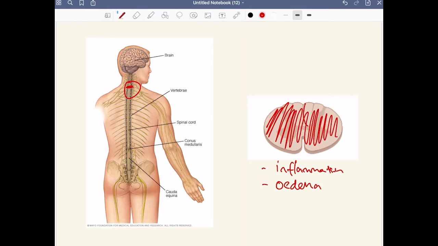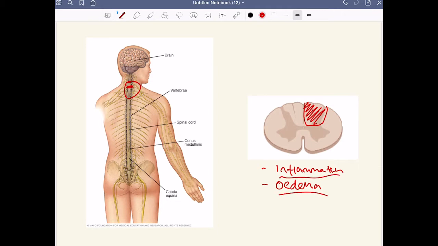So even if you were to have injury just at a certain area of the spinal cord, because we've got so much inflammation and so much edema, what we would actually see is probably a complete deficit in the early stages of that injury. And that's what we're going to call spinal shock.